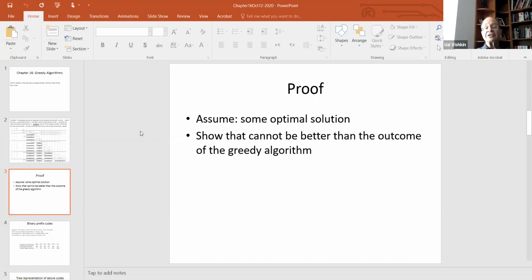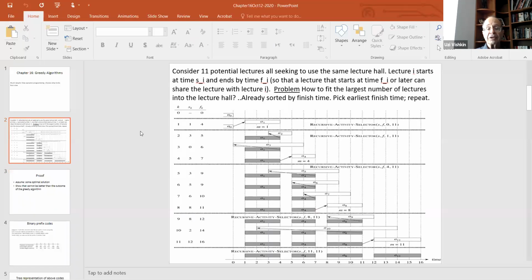So what will I ask you? When you challenge me with a hypothetical alternative solution, I ask you, does your solution have or does not have the first lecture that I chose, the one in this example that goes from 1 to 4?